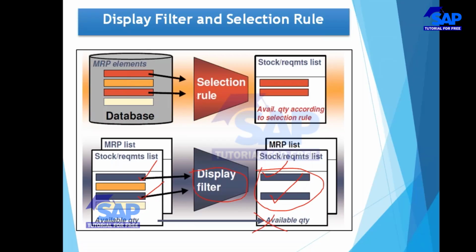Whereas in the selection rule, it's a filter, but finally for those elements, it will show the available quantity. That is the difference between selection rule and display filter. If your MD04 screen is a very huge list with a lot of MRP elements, then to filter what you see, you will use the display filter and selection rule options. So we'll see it in the system.